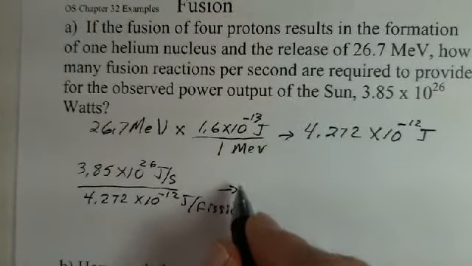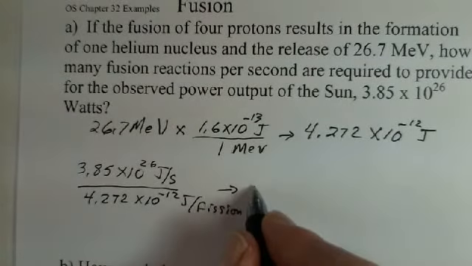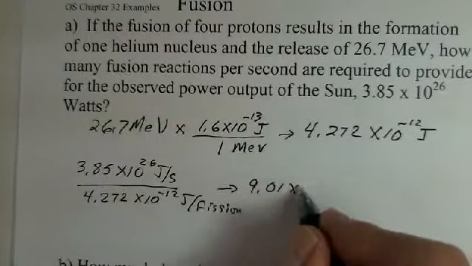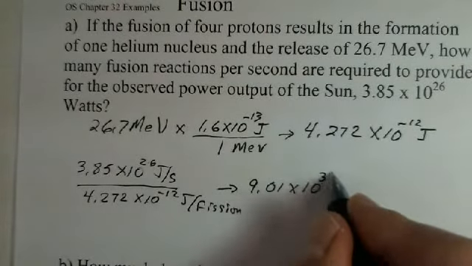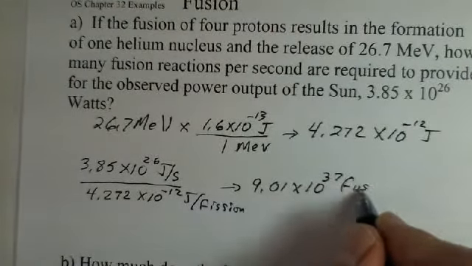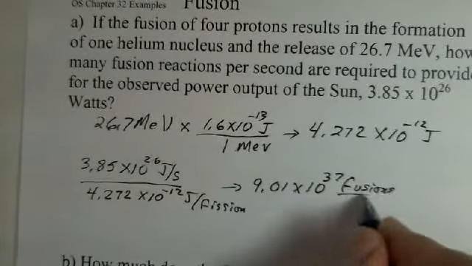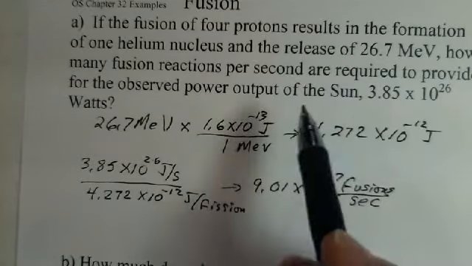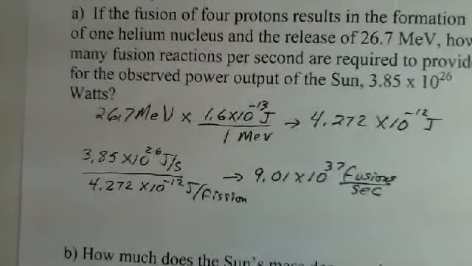You ought to check this on your own calculator. 9.01 times 10 to the 37th fusions per second. And that's the whole process of the 4 hydrogens fusing into helium. So that's the number of fusion reactions per second.